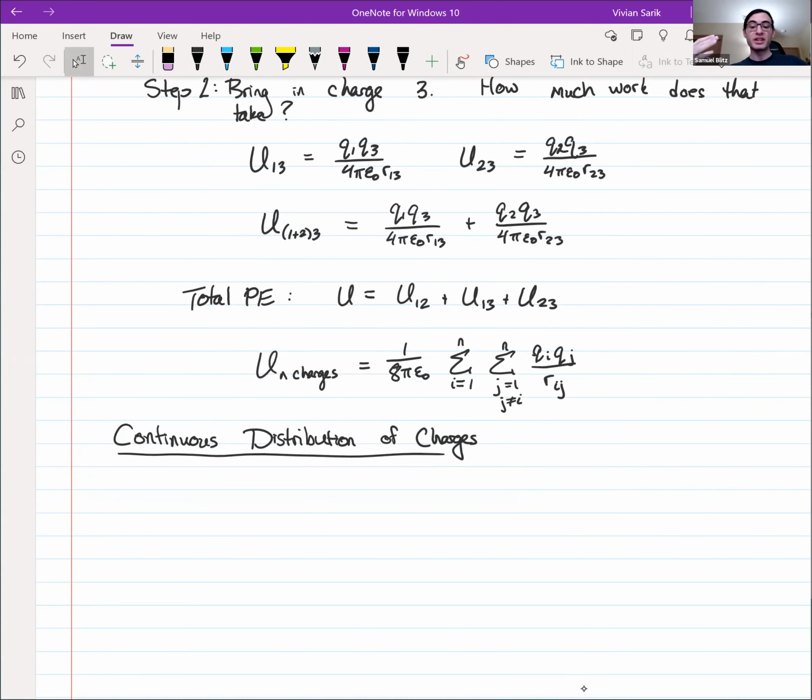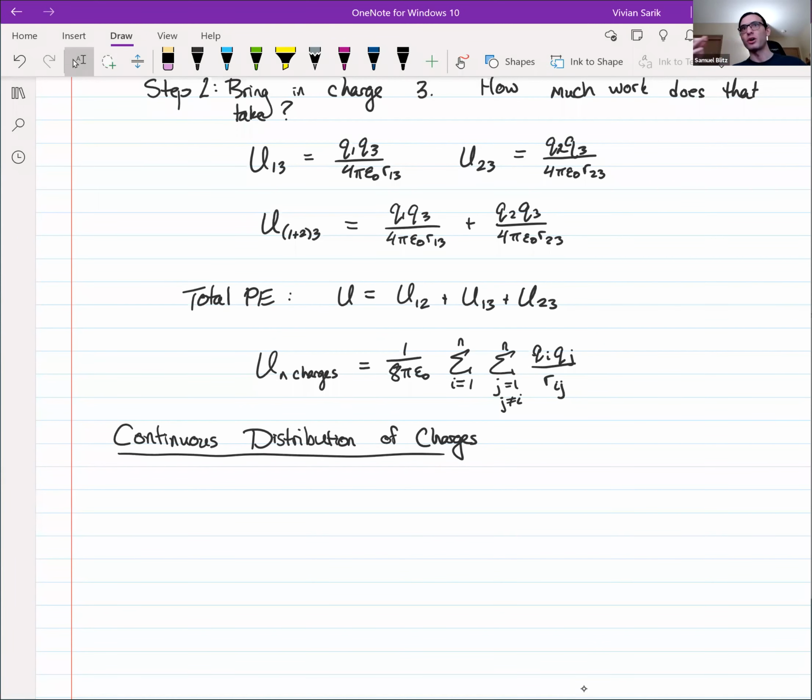So the way that we find the electric potential energy for a continuous distribution of charges is very much the same as what we just did. All we do is add up the amount of work required to bring an infinitesimal amount of charge from infinity to our continuous distribution and then plop it down.